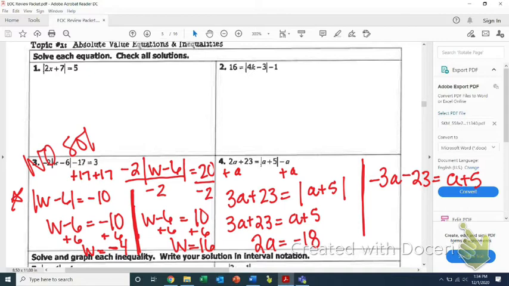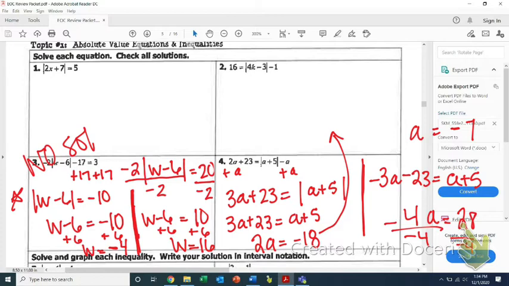On the right side, using the negative equation, it turns out to be negative 4a equals 28. And you divide both sides by the coefficients. a equals negative 9 for the first one, and for the second, you get a equals negative 7.